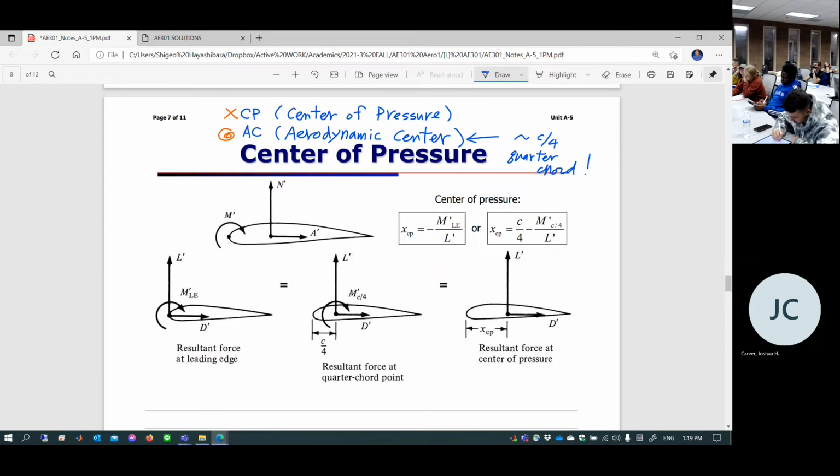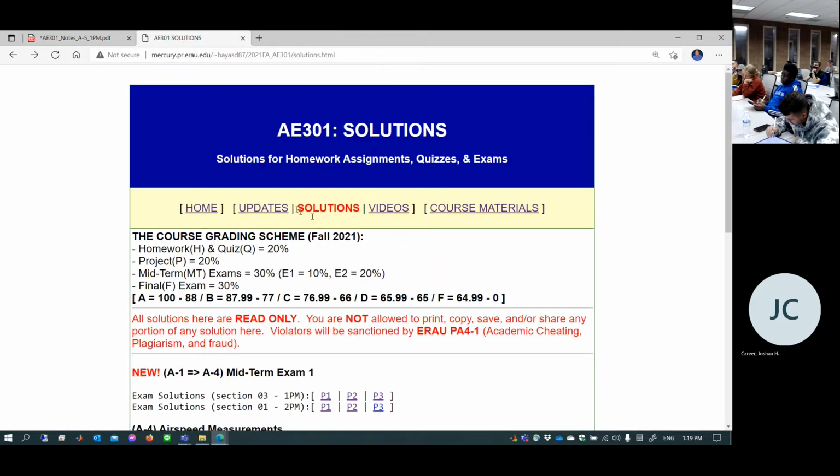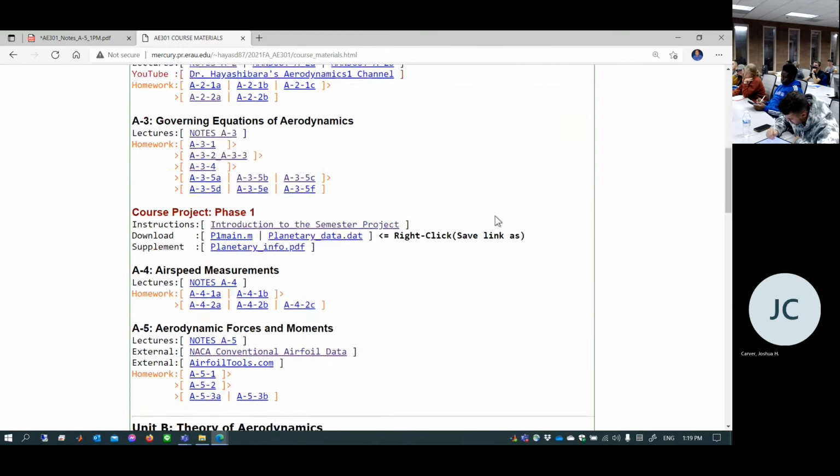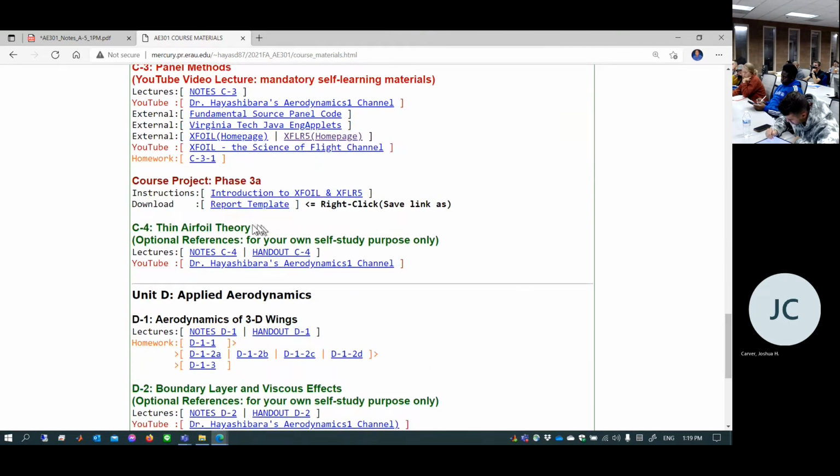Actually, if it's a thin airfoil, it's called thin airfoil theory. Thin airfoil theory says the aerodynamic center is at quarter chord. You can find out by going through thin airfoil theory, which is course material that is optional, for your own self-study purposes only. Nowadays, I no longer cover this.